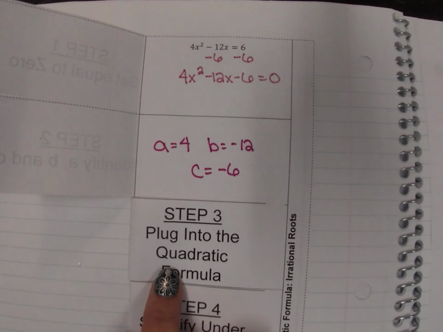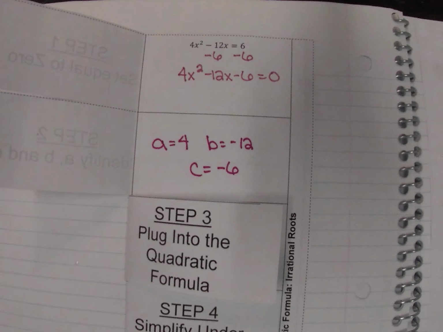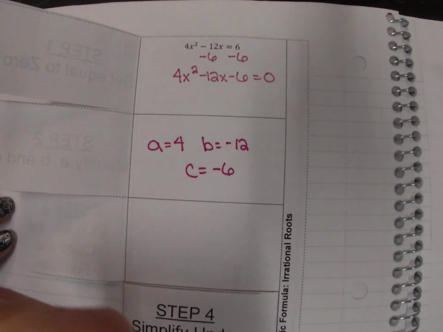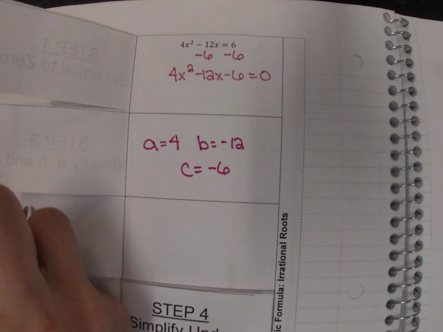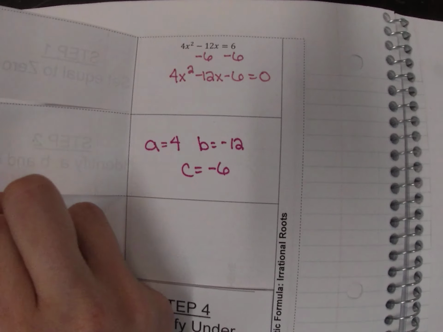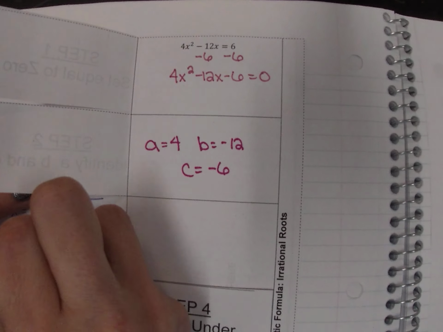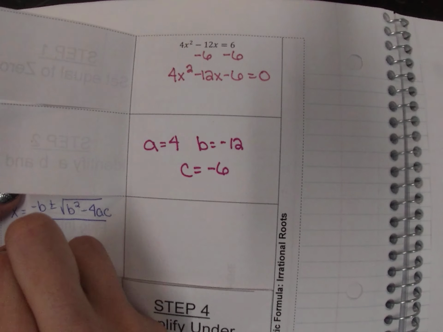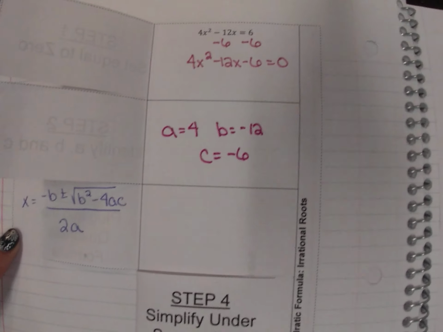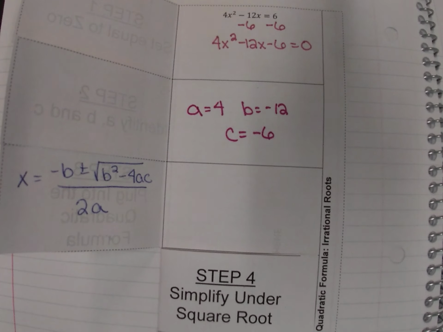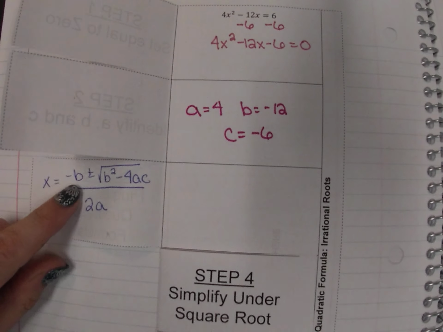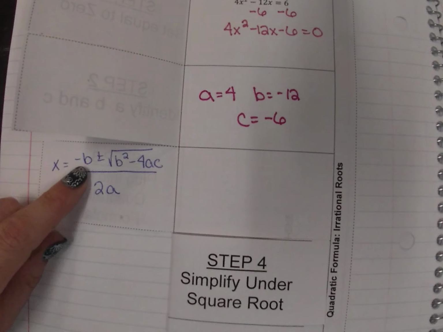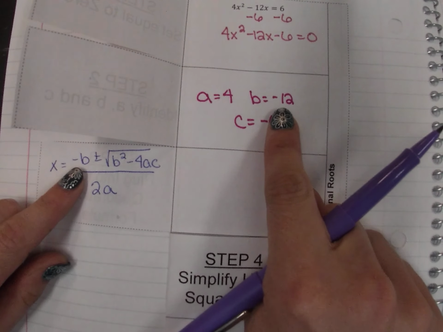Our third step is going to be to plug into the quadratic formula. So if you need a reminder about what the quadratic formula is, it's negative b plus or minus the square root of b squared minus 4ac all over 2a. Okay, so we're going to plug in those values. Negative b is really the opposite of b. So we want to take the opposite sign of what b is.